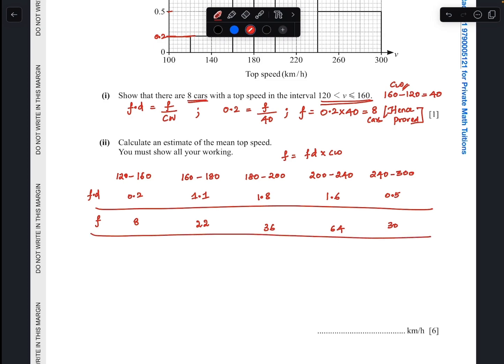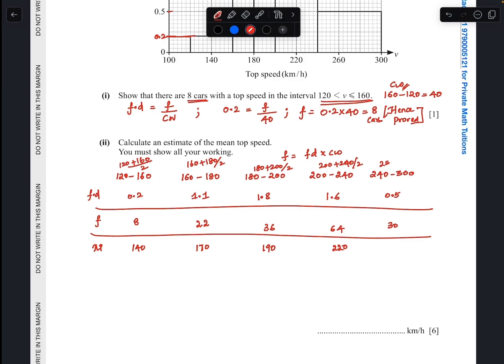Then we need the mid values. Let me call the mid values xi. How to get the mid value? 120 plus 160 by 2, which is equal to 140. 160 plus 180 by 2 is 170. 180 plus 200 by 2, that is 190. 200 plus 240 by 2, which is 220.